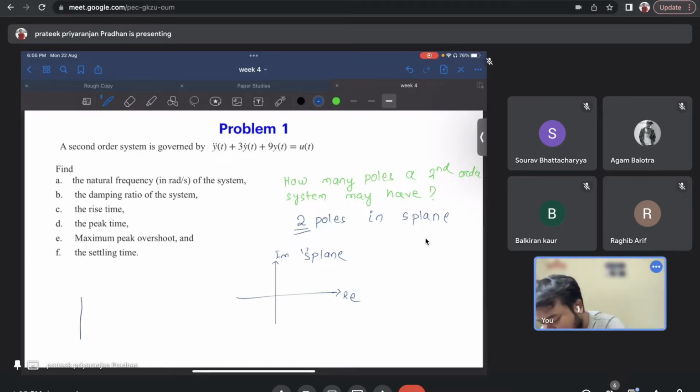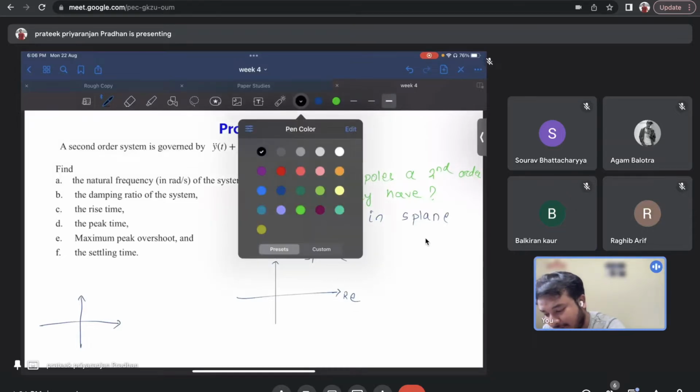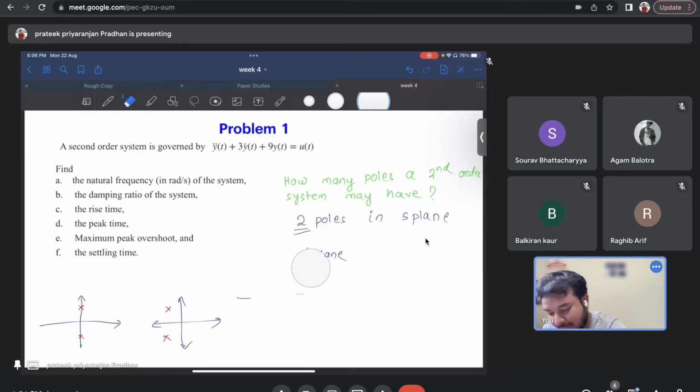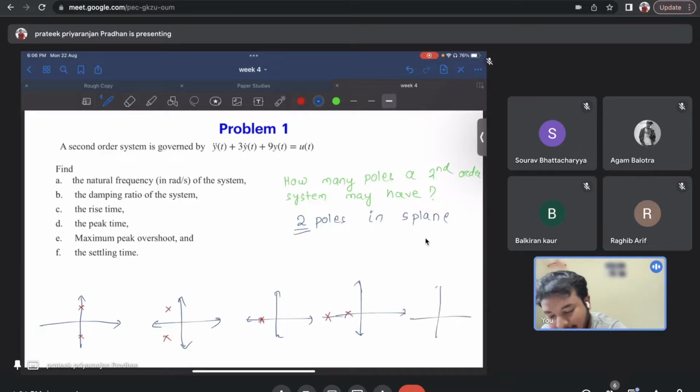If it's a second order system with two poles, the pole locations can be, I'll take another color, maybe red, like this, or like this, or both of the poles are at the same location, or like this, or on the right hand side plane similarly like this.